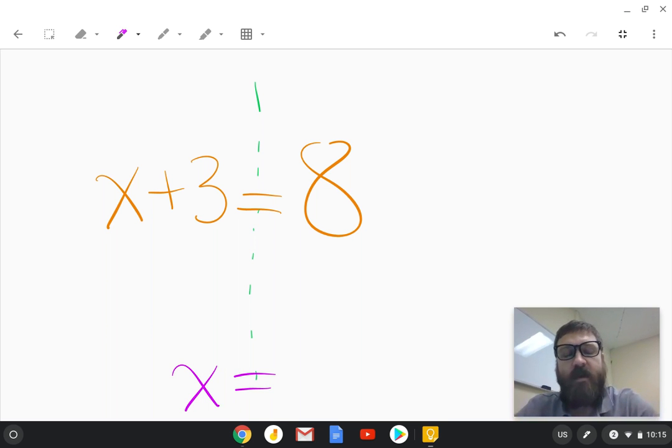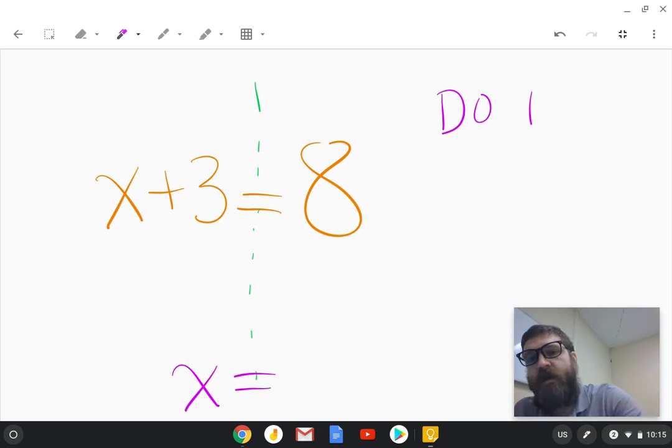So if I'm looking at this and I see that x plus 3 equals 8, and I know I have to keep these equations balanced, and I want to get rid of this plus 3 so that x will be by itself, I'm going to do the opposite thing. Okay, so this idea of doing the opposite is also one of the most important ideas in algebra.